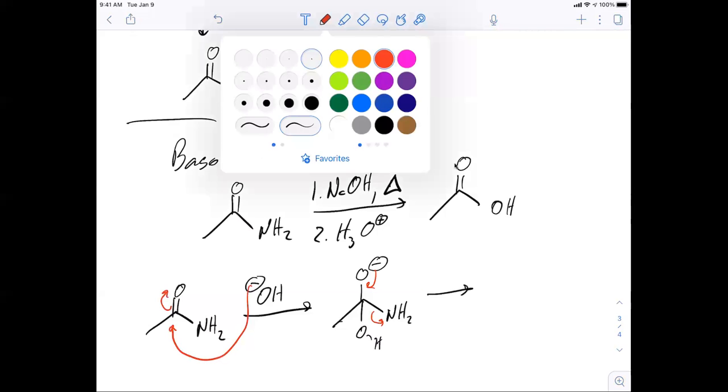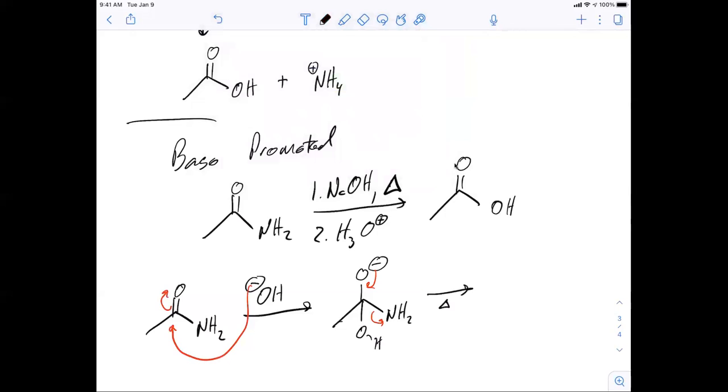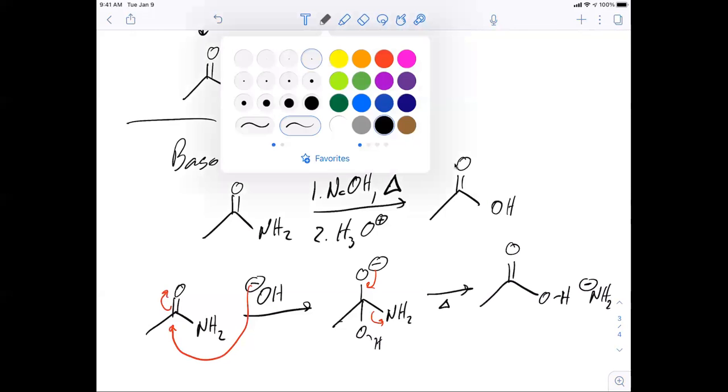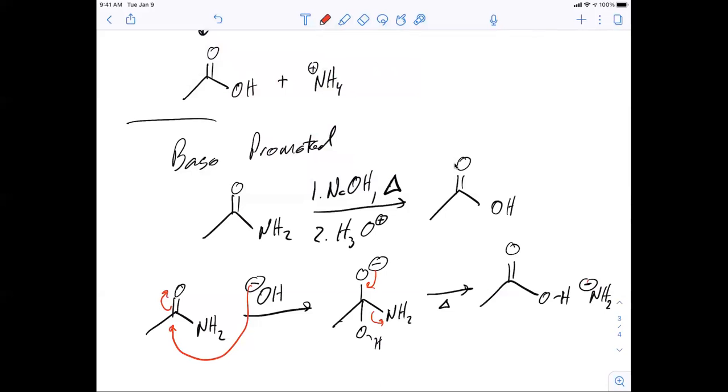Notice one of the reasons we've got to have heat here, right, is that we are losing the NH2 minus. So that's very unstable. It's not as unstable as a carbon, right? But it's not in the same order as the OH minus. And then this will come back there.